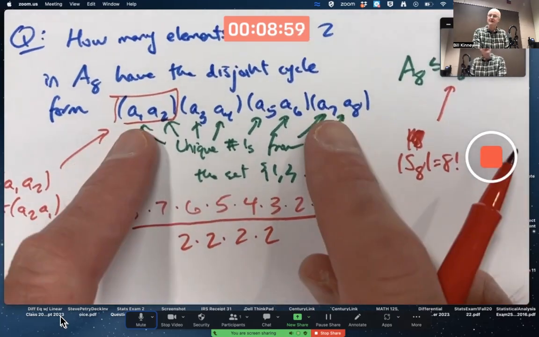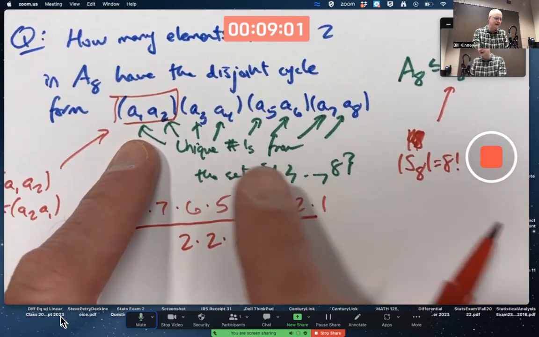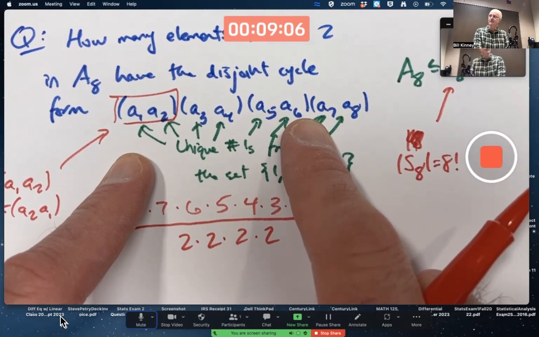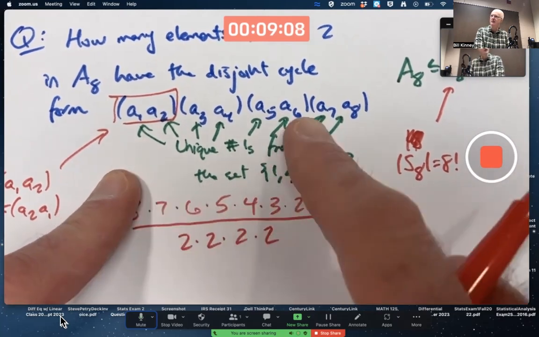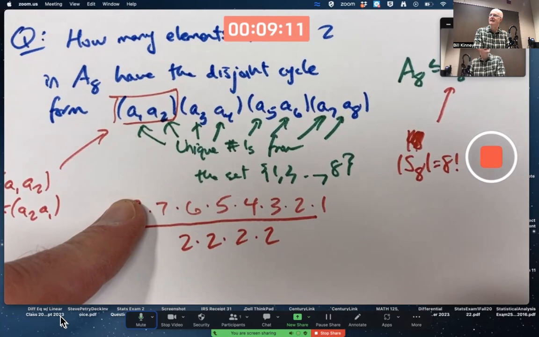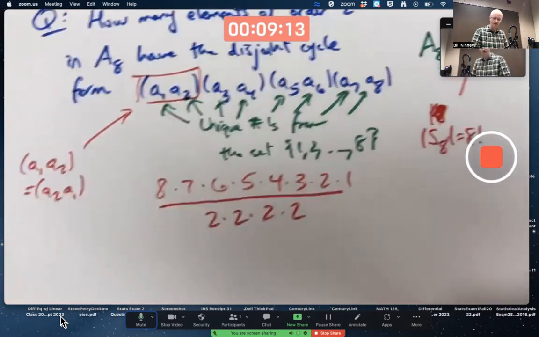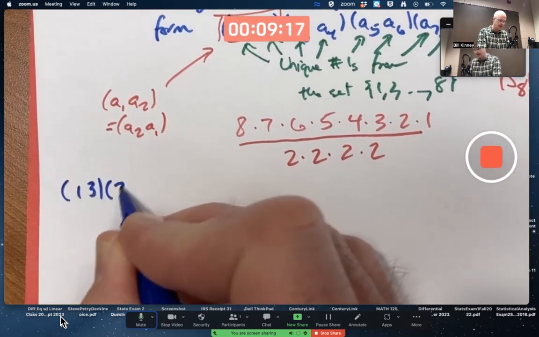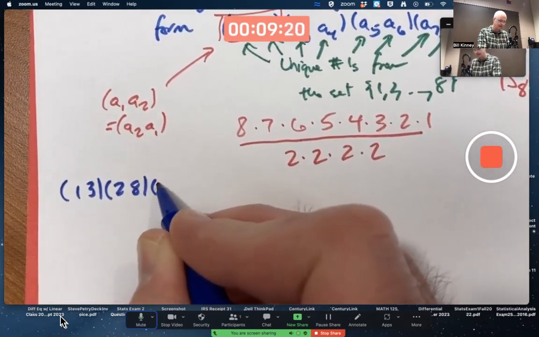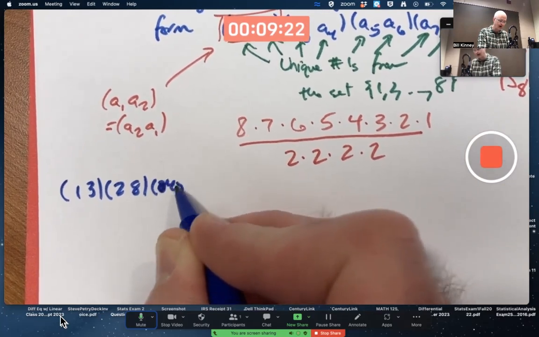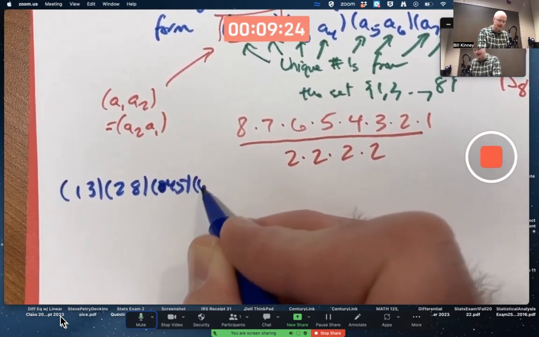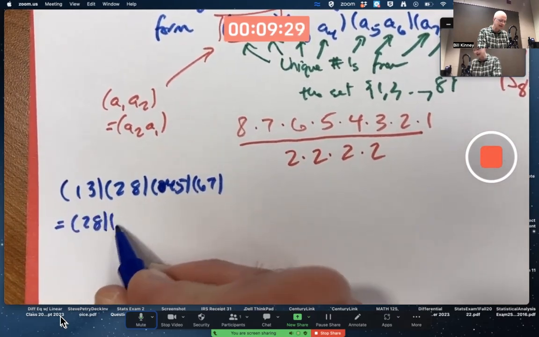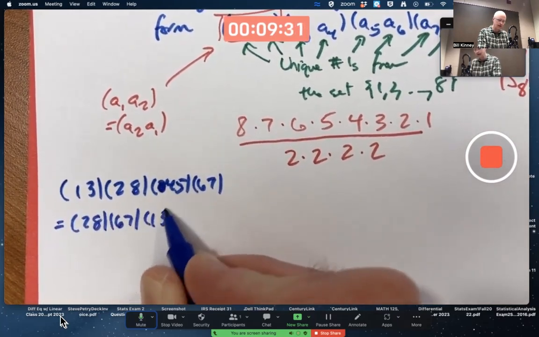because disjoint cycles commute, and also because each of these cycles is a 2 cycle, they're indistinguishable from each other. We could rearrange the order and get the exact same permutation. As an example, (1 3)(2 8)(4 5)(6 7) is the same as (2 8)(6 7)(1 3)(4 5).